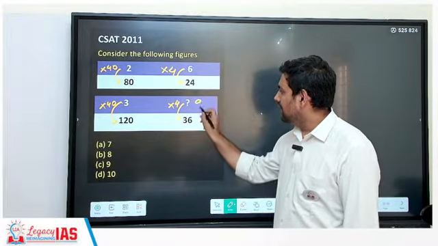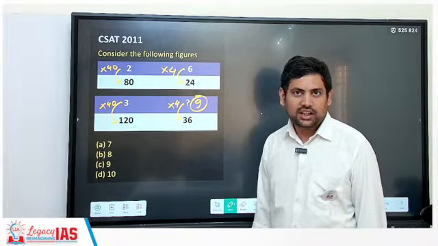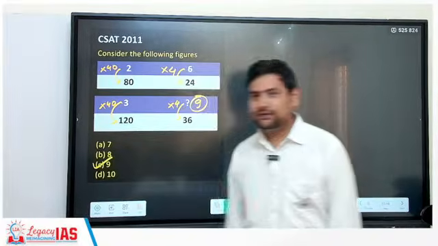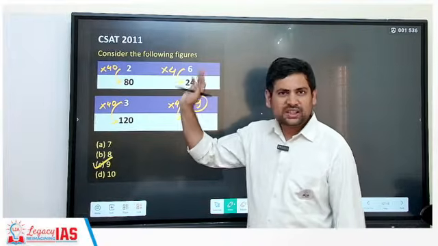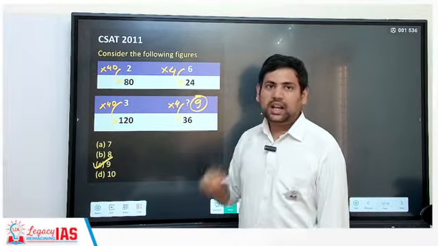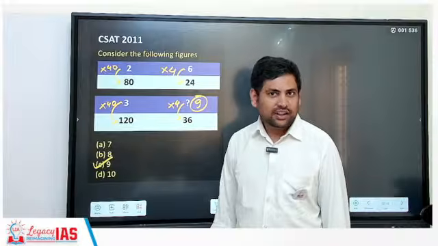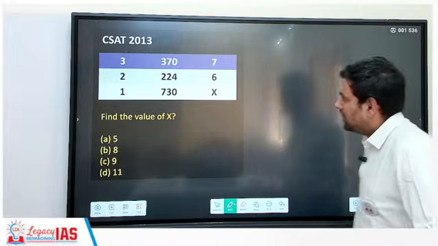Of course the answer is 9, because 9 into 4 is 36. So the answer here is 9. Understood how we are doing this? We tried to see the pattern row wise, didn't find it, so we looked column wise. The same thing we apply in this matrix also.